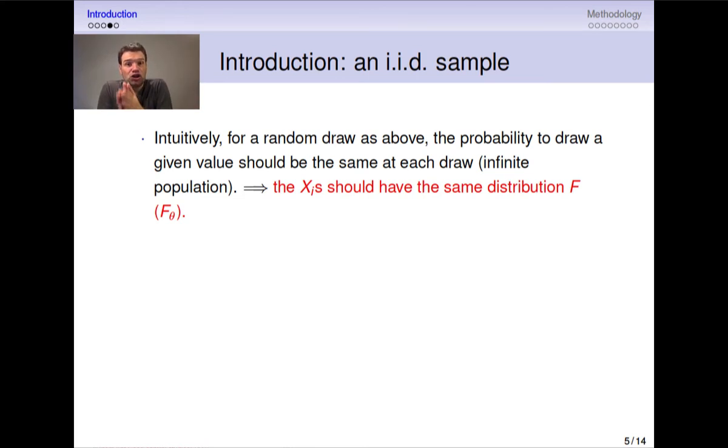That should not change the probability to pick a woman at the third row, and obviously does not change the probability to pick a man either, because we have an infinite population. If you remove a woman, that doesn't change the population, it is still infinite. Intuitively, this assumption should be understandable in that way.